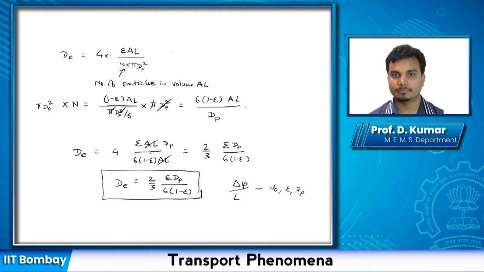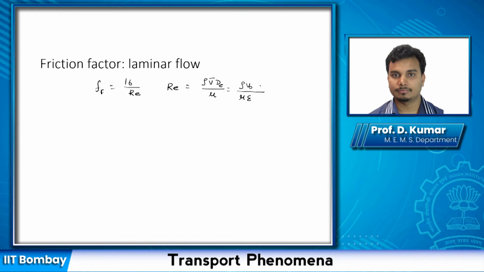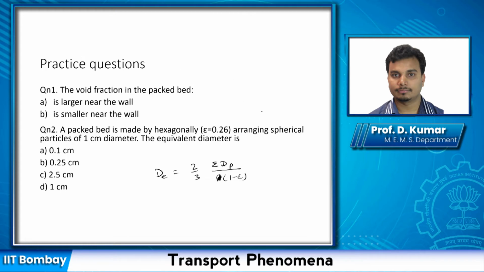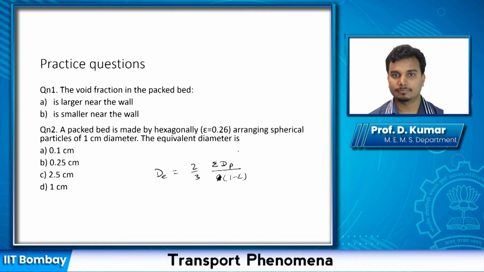So d_e will be 4 by 6 times that, or 2 by 3, times epsilon d_p by 1 minus epsilon. So this is your d_e term.